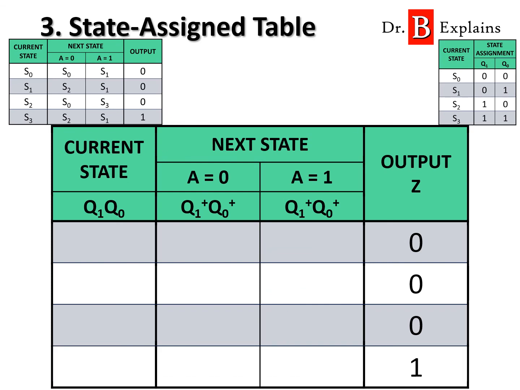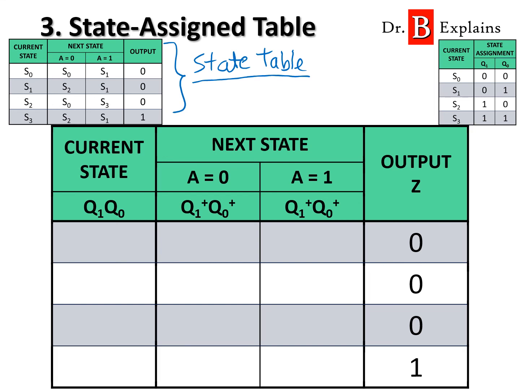So now that we have our assignment, the next step is the state table. Remember, this is the state table. We're going to copy that state table again, but now using the assigned values that we gave it.